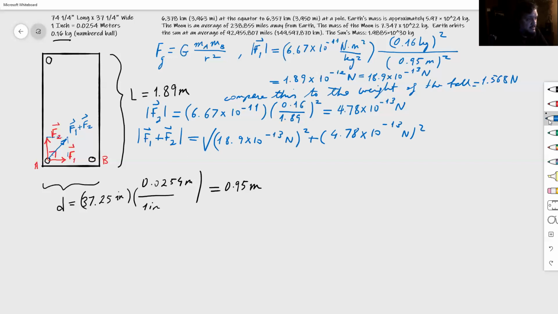And then take the square root of that. 18.9 squared plus 4.78 squared, take the square root, times 10 to the negative 13.